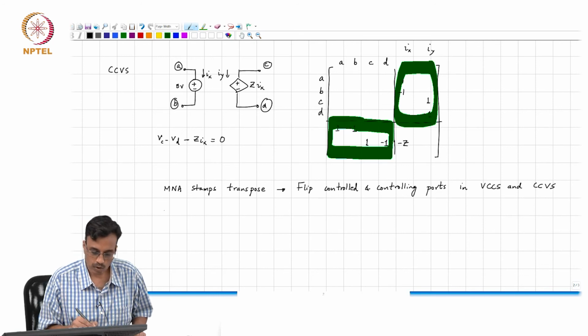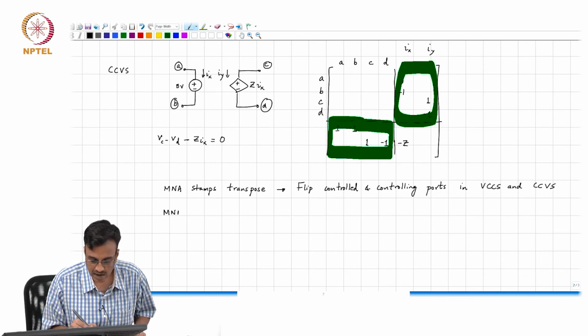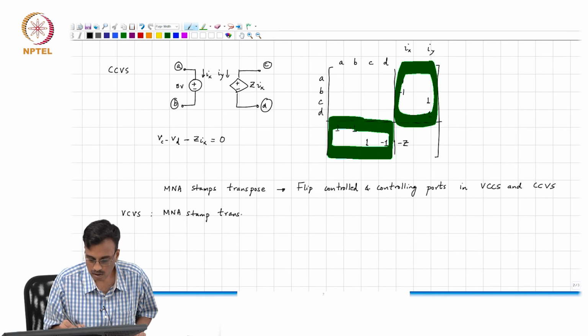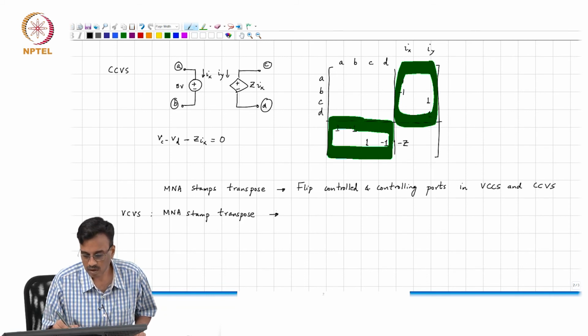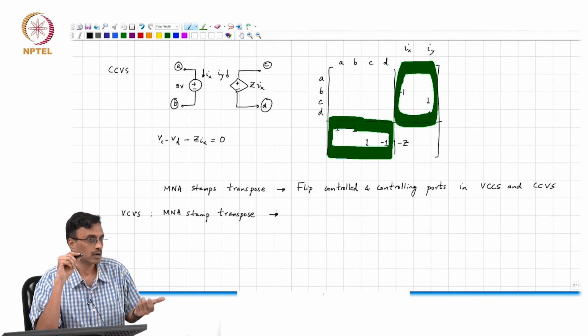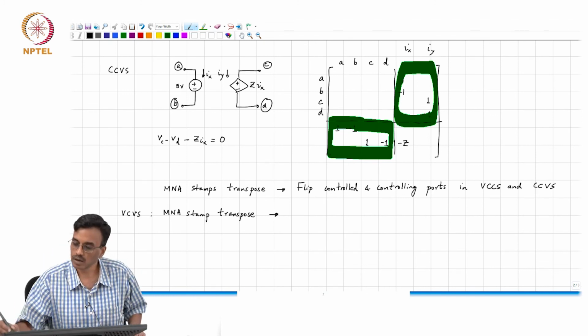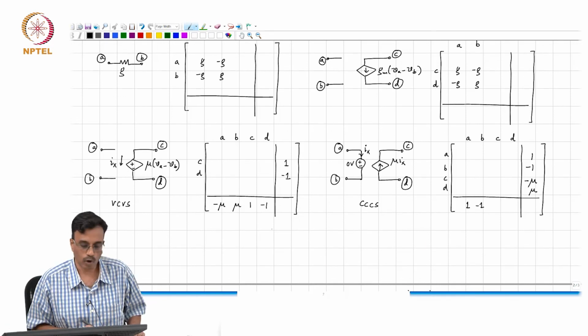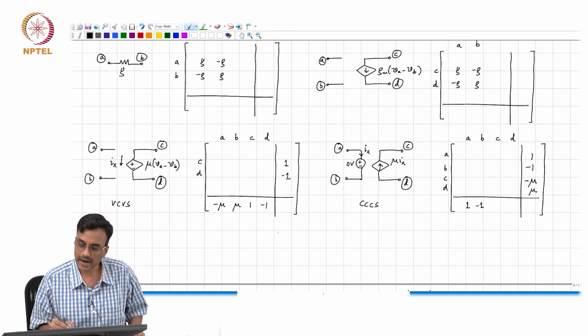If you transpose the MNA stamp of the voltage controlled voltage source, what will you get?